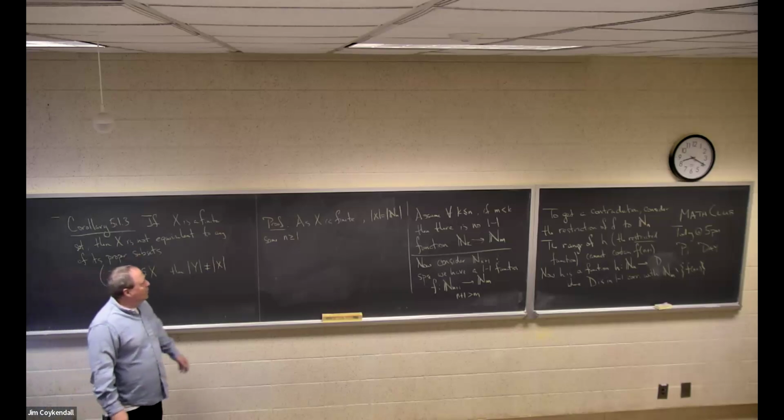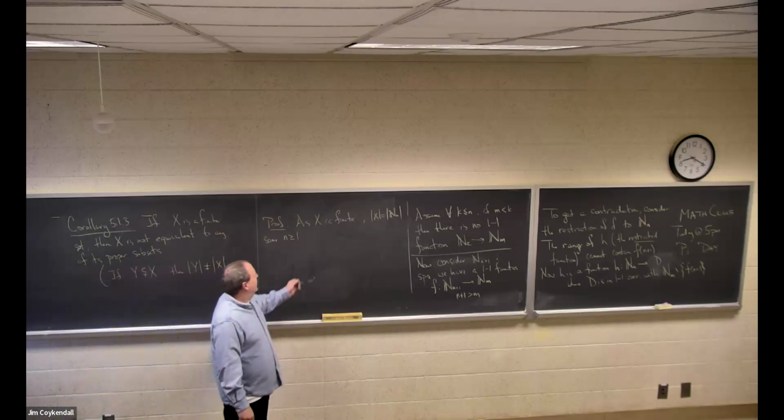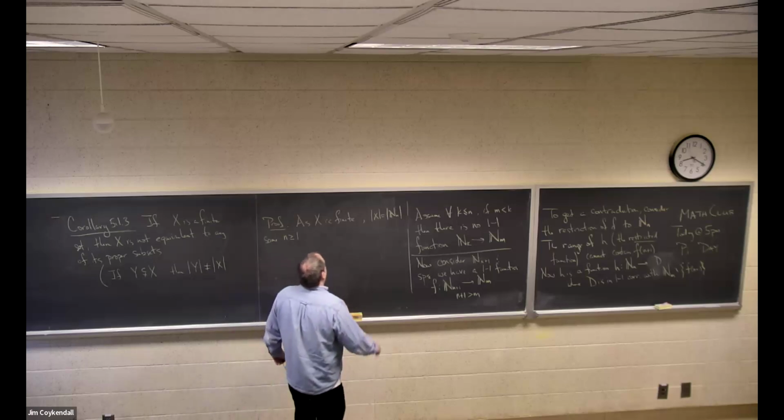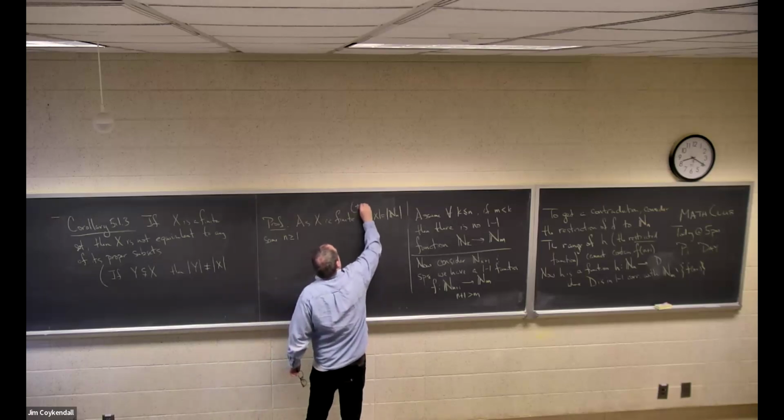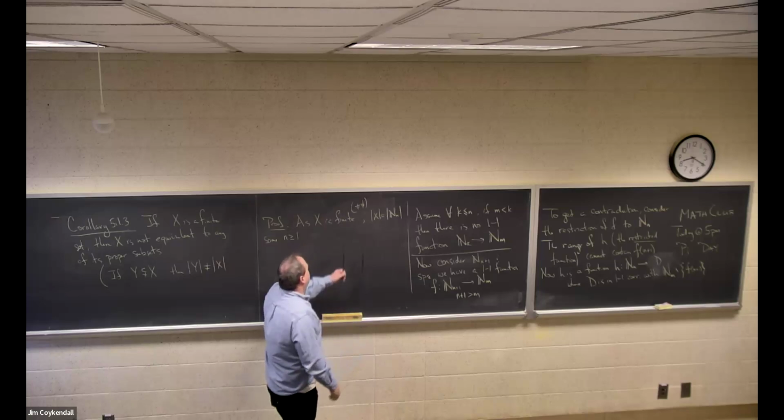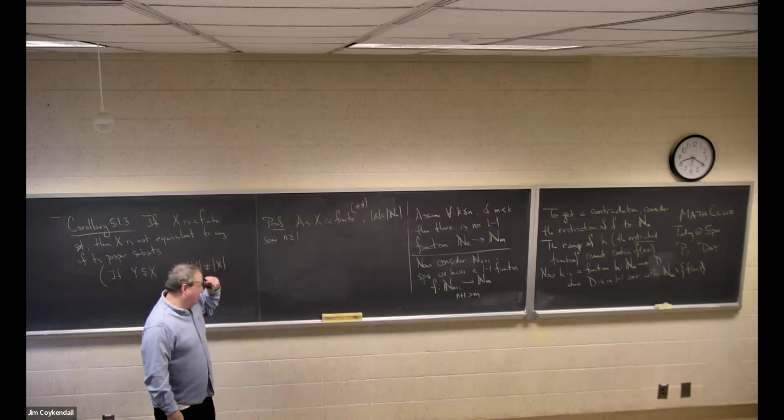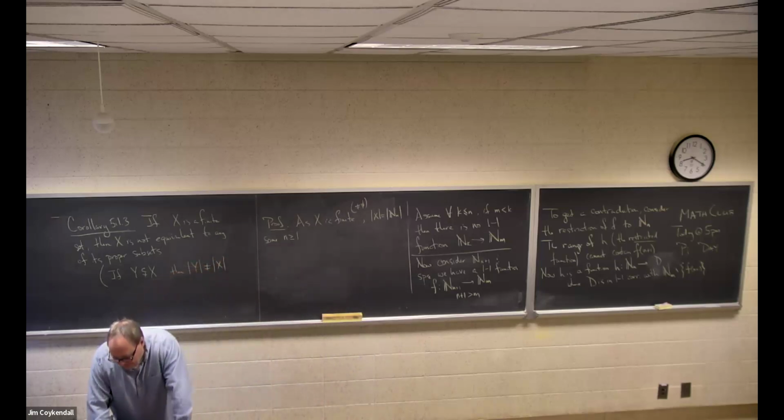So there's nothing we'll consider with the empty set. So we'll assume that X is finite, not empty. Then X is equivalent to N sub n. So I'm going to do this proof for that, and then the general case follows very quickly.